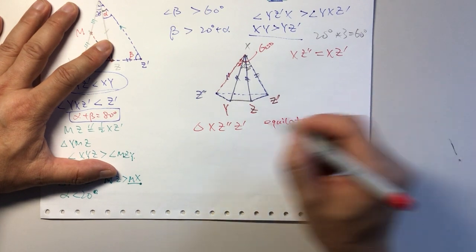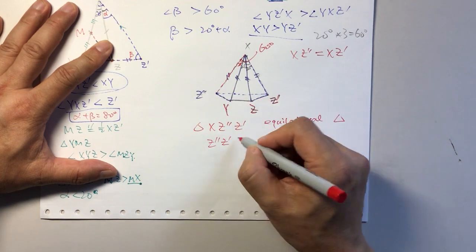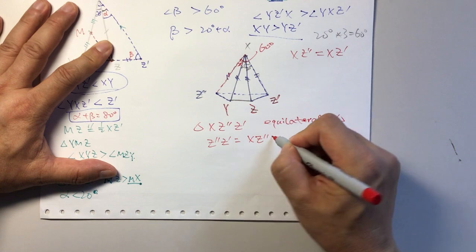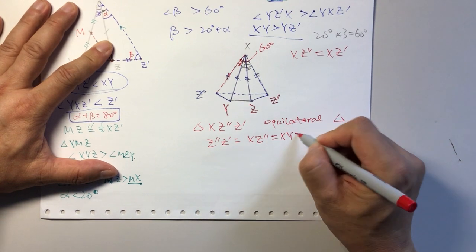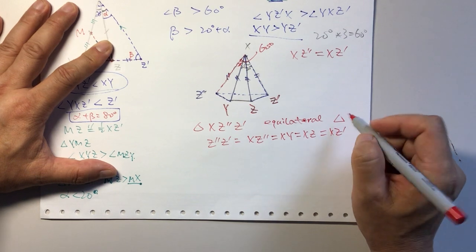It means z prime prime z prime, this one, equals xz prime prime equals xy equals xz equals xz prime.